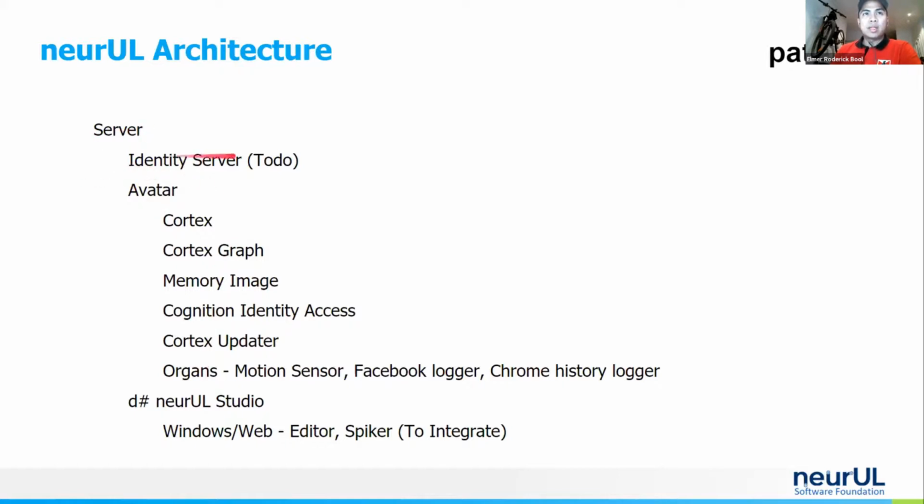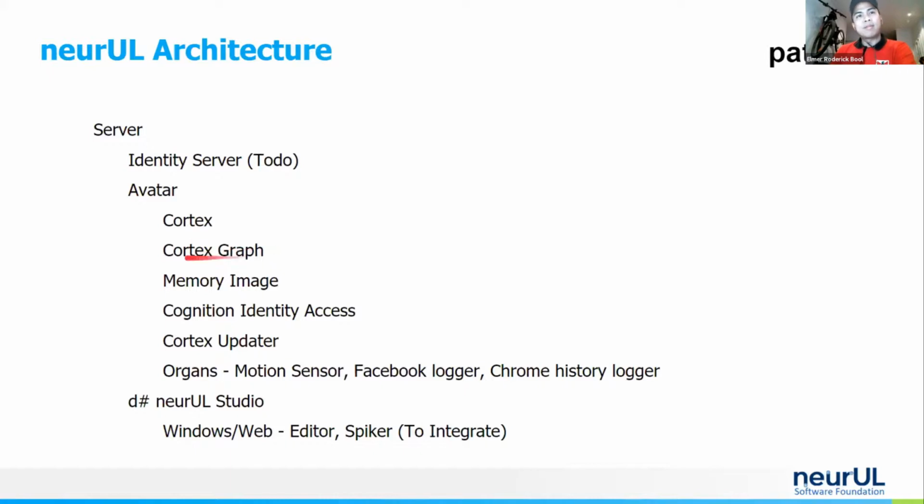So the first one is the identity server. This is a work in progress, and it will be used to identify you as the user and to ensure that there are no unauthorized users accessing your avatar. Then the next part is the avatar. This is your body, your digital twin, which will contain your cortex, which contains your neurons.